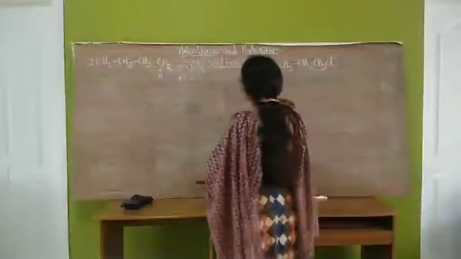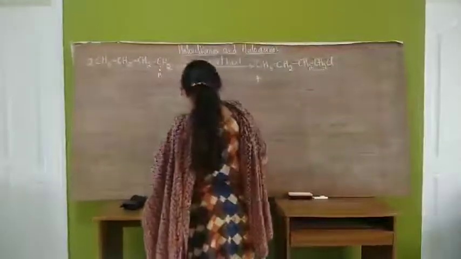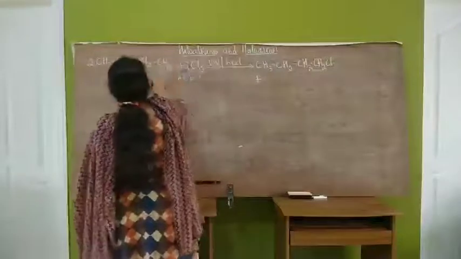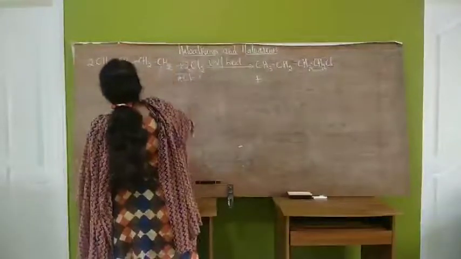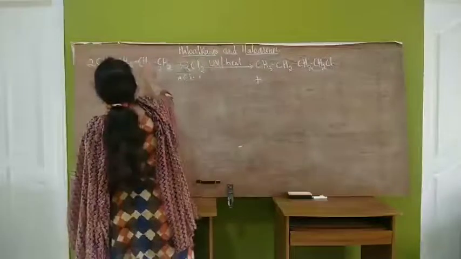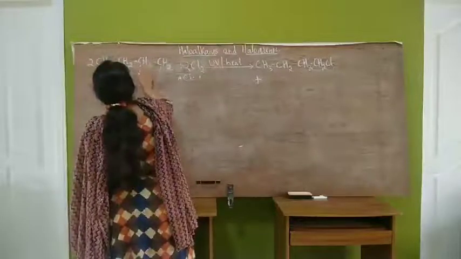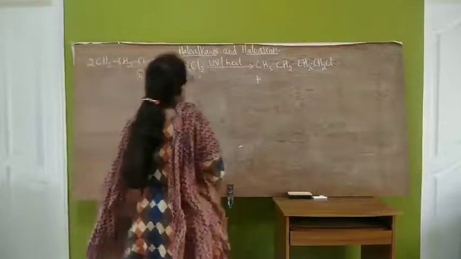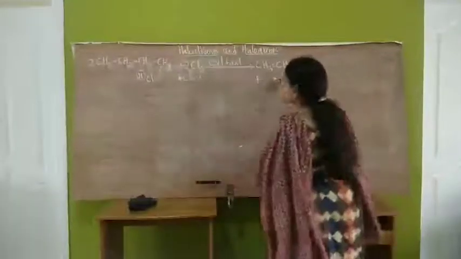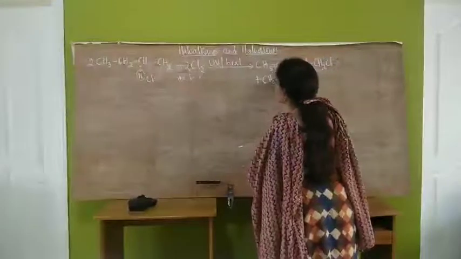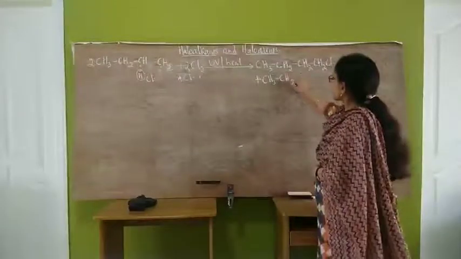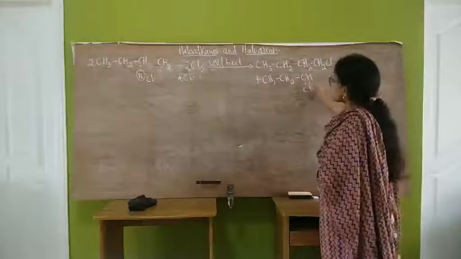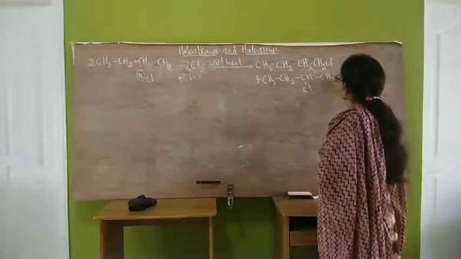The other isomer of this will be, now let us replace, instead of this hydrogen free radical, the replacement of this free radical takes place now. So this free radical will be replaced by chlorine free radical. So the other isomer is CH3, CH2, CHCl, CH3.